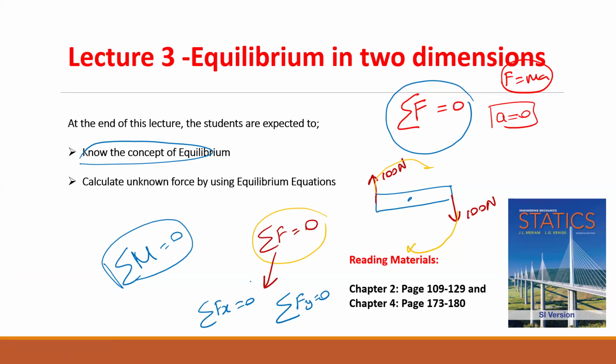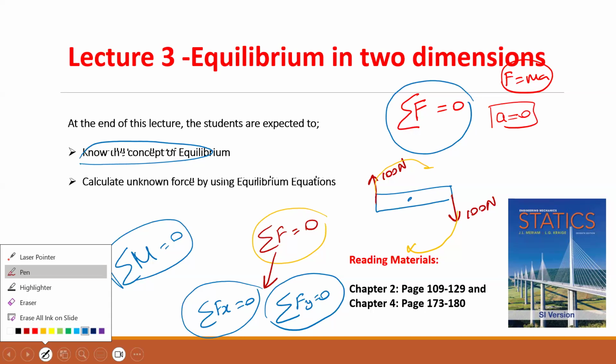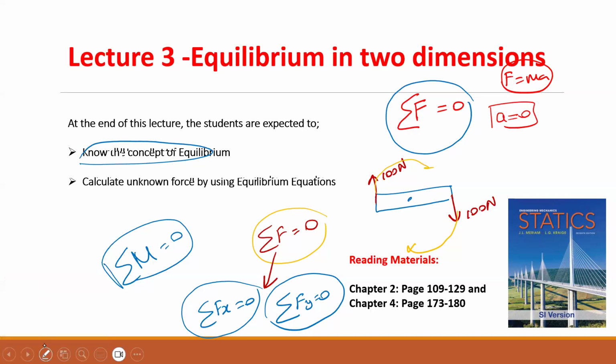So you can divide the force requirement into 2 categories: x direction forces and y direction forces. So if something is in equilibrium, these 3 conditions need to be satisfied. Moment about any point should be equal to 0. Sum of the forces in the x direction should be equal to 0. Sum of the forces in the y direction should be equal to 0. So that's what we are going to do today.